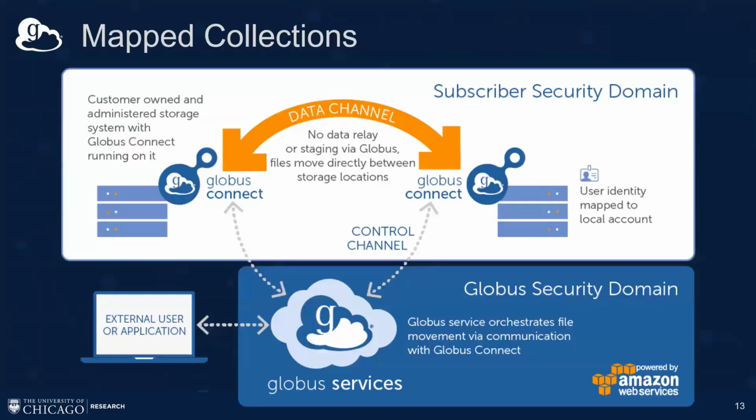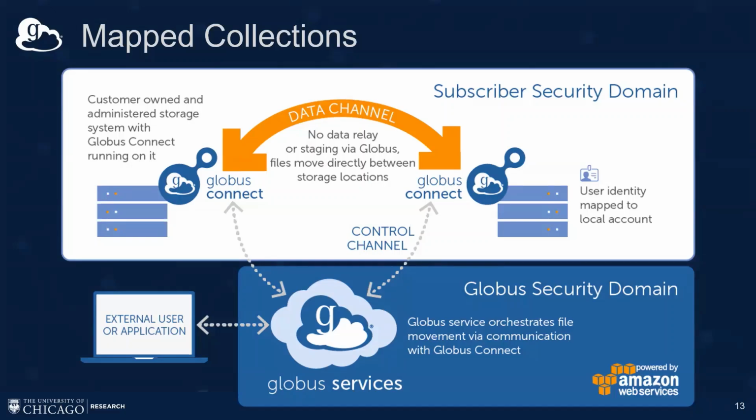And our researcher view is that Globus triangle, right? They talk to a collection. They come to one collection, authenticate to collection one, authenticate to collection two, and start transferring between the two. Now, this is a mapped collection.